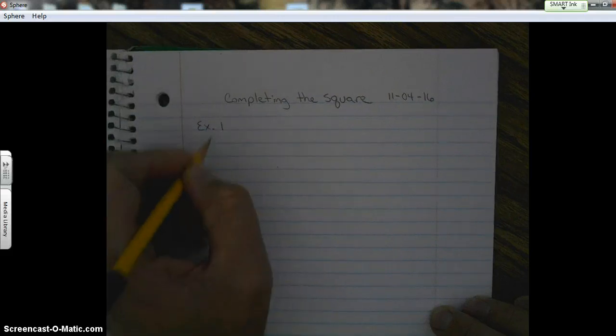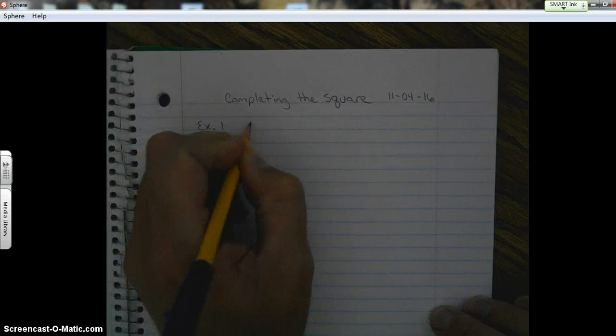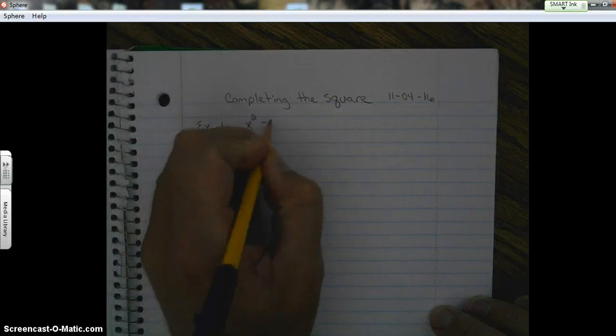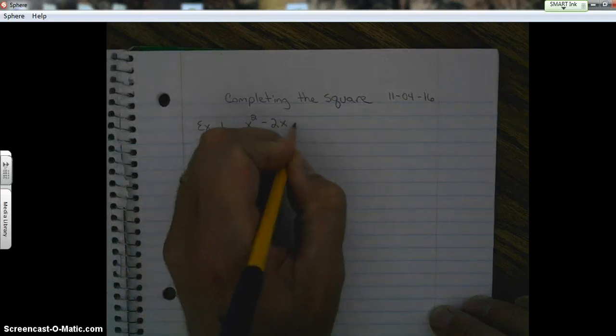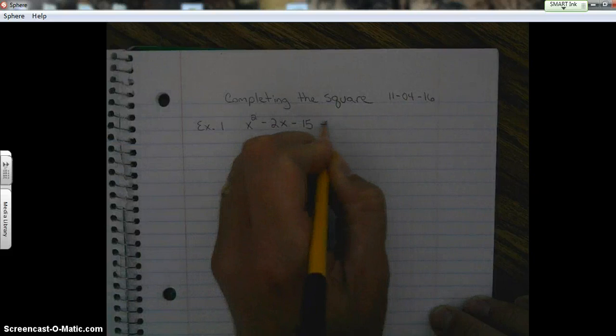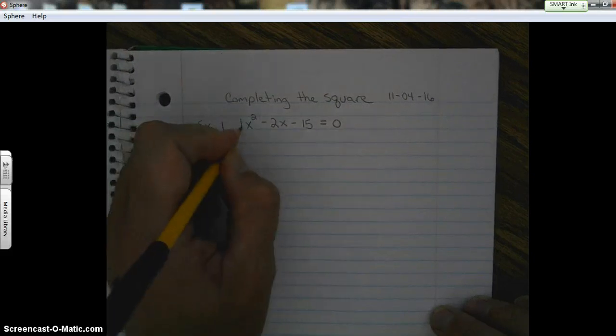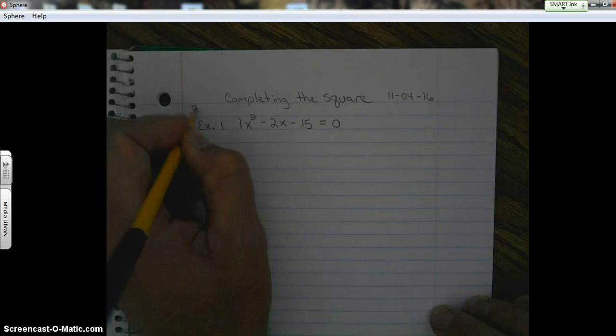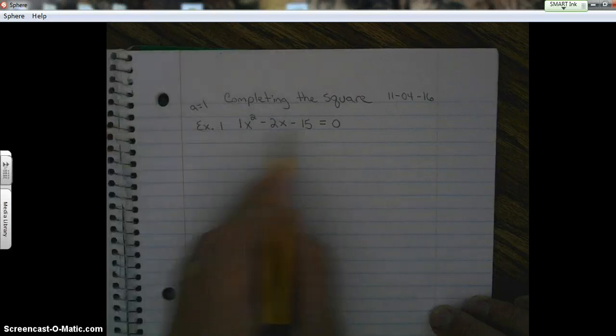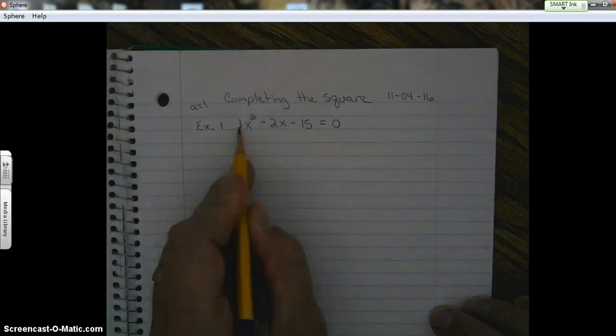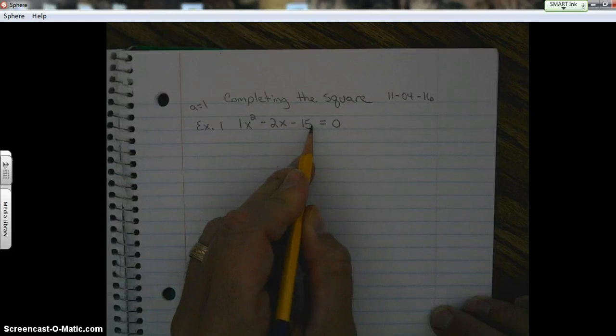Okay, in example 1, we're going to have an a value of 1. We're going to set it equal to 0. So notice my a value is 1. We want to turn this into a perfect square. Well, it's obviously not a perfect square right now.